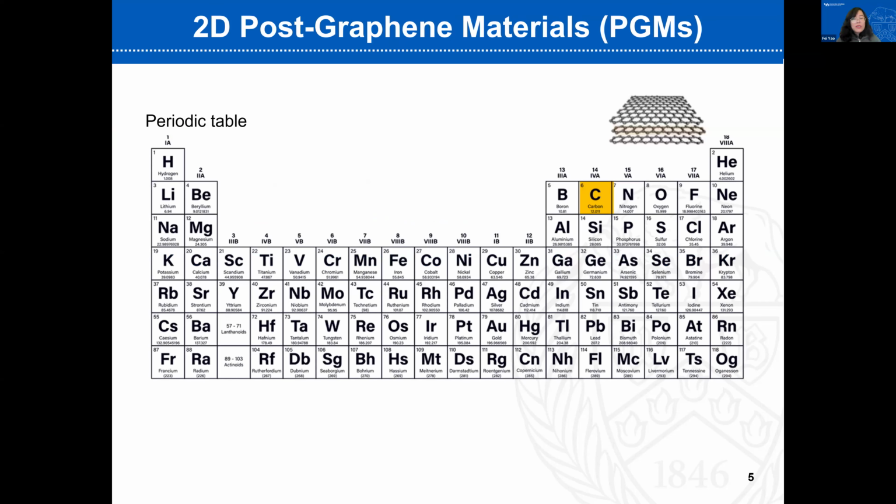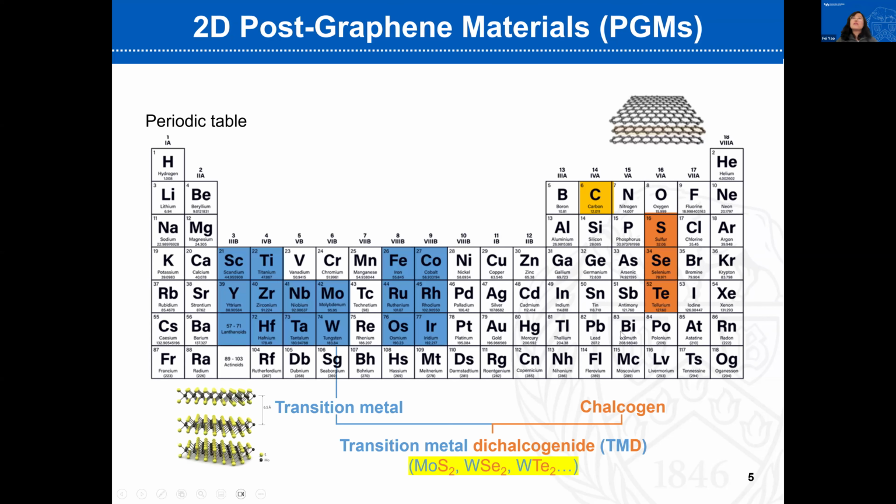I think the PGM introduction can be simply put in the periodic table here. If we look at single carbon chemistry, we have graphene, which is a well-known 2D material, right? If we combine a transition metal with a chalcogen, we can form transition metal dichalcogenides, TMD in short.